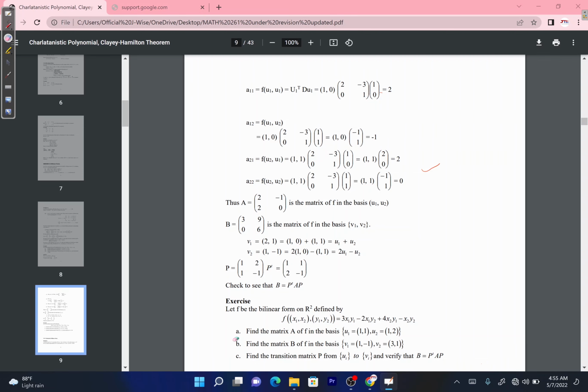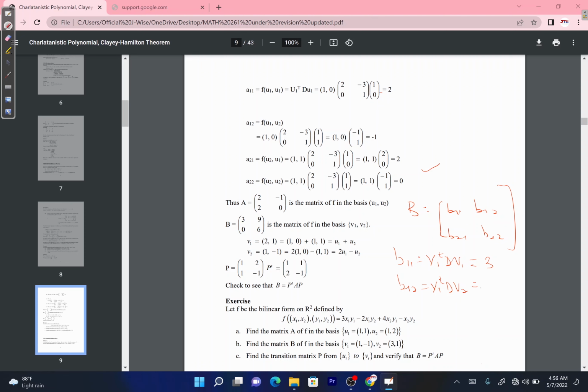B11 is given by, this time around with basis V1 and V2, V1 transpose D V1. When you solve this, you get 3. B12 is V1 transpose D V2.